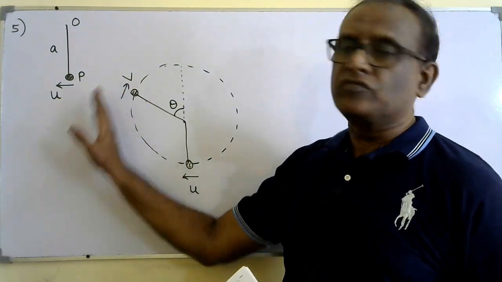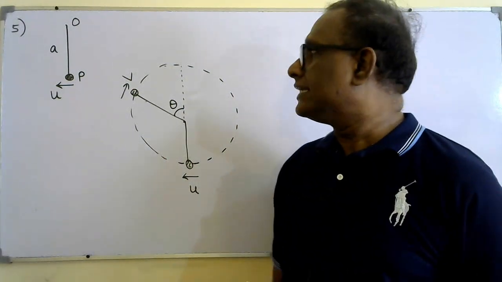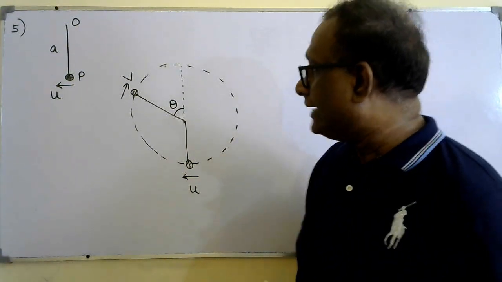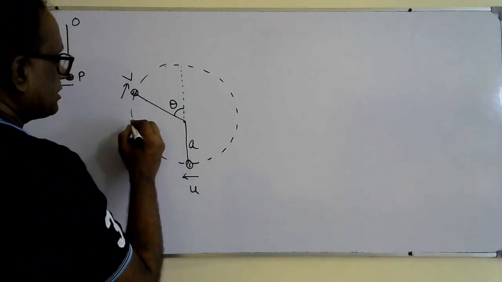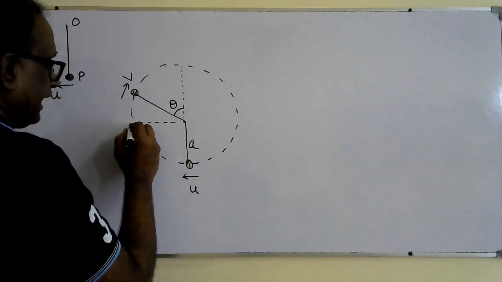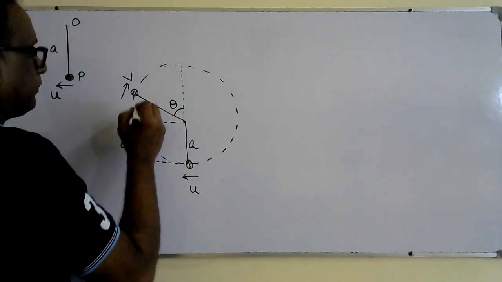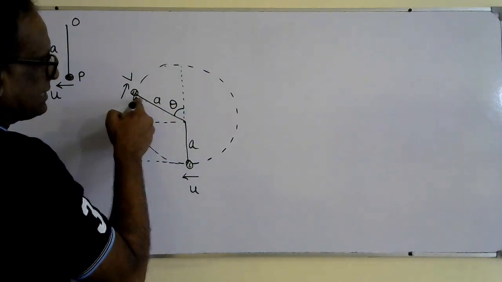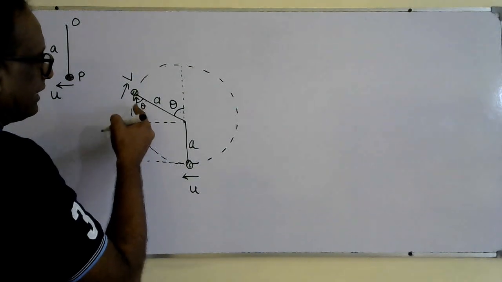Normally we get the speed for vertical circular motion by using the energy equation, where it moves from here to here. Loss in kinetic energy equals gain in GPE. Gain in GPE means it has gone up. How much did it move up? The radius is a. So the vertical height it has gone up from the initial position is a plus this height. This length is a, and this angle is theta, so in this right angle triangle, the height is a cos theta.